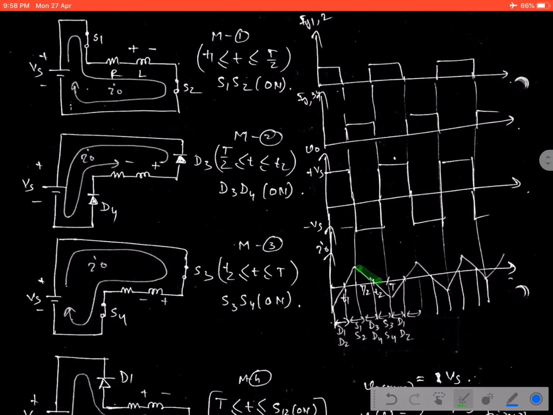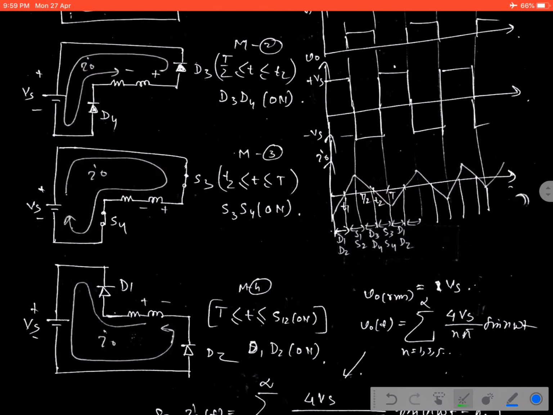When mode 3 begins, the current again starts flowing in this direction. That means the inductor again starts storing energy, but in the opposite direction with respect to the first mode. The current gradually increases in the negative direction during this operation. Then the inductor again tries to discharge, following this equation in this circuit.